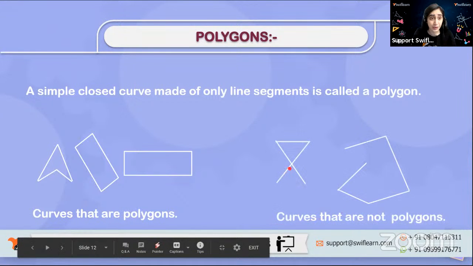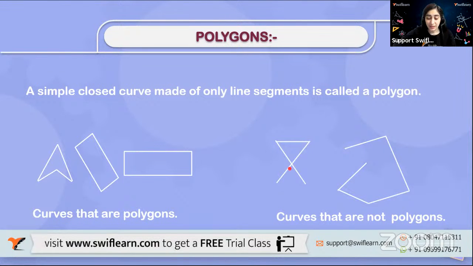Why? Now the reason you know very well. Yes. The reason is that these curves are not polygons because they meet at a point. We say that they are closed and simple. Simple means that they don't have any interaction. But here we can see that they are meeting at a point.